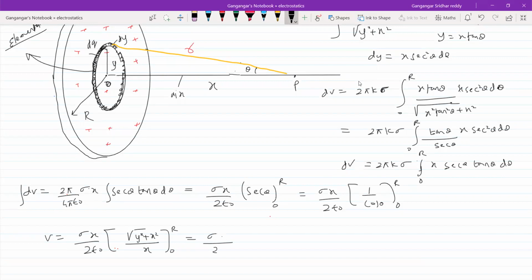One x will get cancelled out. This will be sigma by 2 epsilon naught times root of R square plus x square minus x. At y equals 0, minus x, yes.